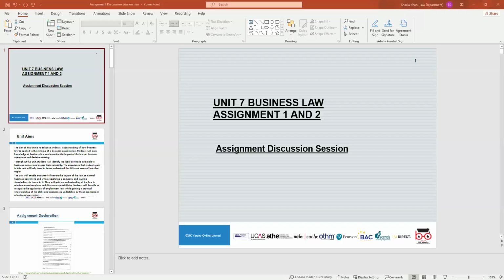We then went on to learning outcome 3, which was looking at examining the formation of different types of business organizations. And we looked at the nature and formation of a company. So what we looked at in learning outcome 3 is we looked at unincorporated or incorporated legal structures. We looked at the different types of business structures, which were sole trader, partnership, and registered company. We went on to look at the classification of companies. We then went on to look at the role of Companies House and the digital role as well.